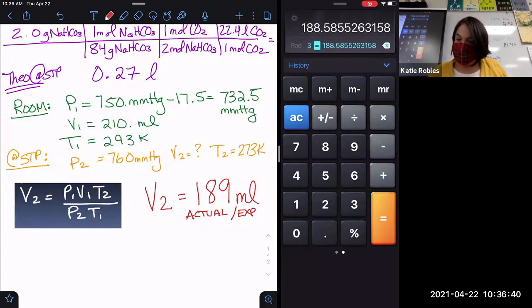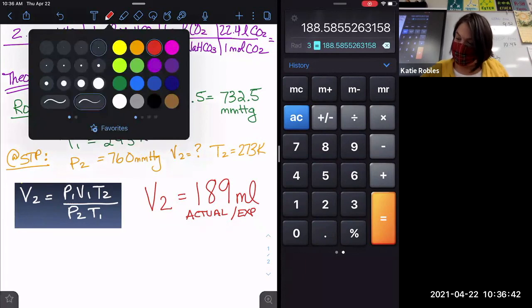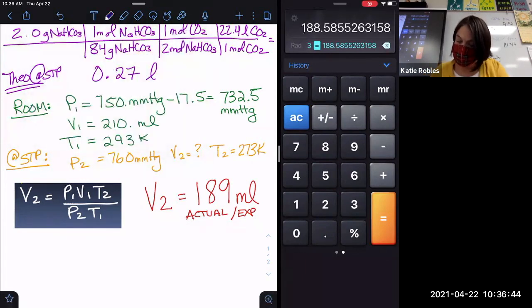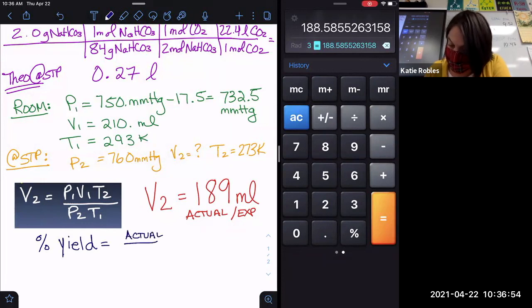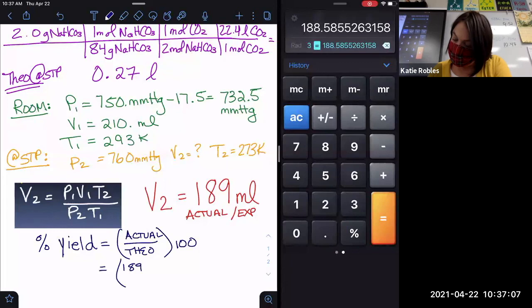So now I get to my very last step. If I possibly have any colors left, my percent yield is equal to actual divided by theoretical times 100. So I get the actual, 189, divided by my theoretical.